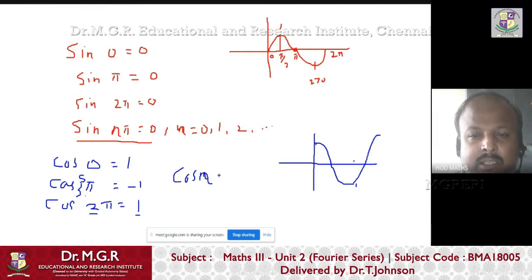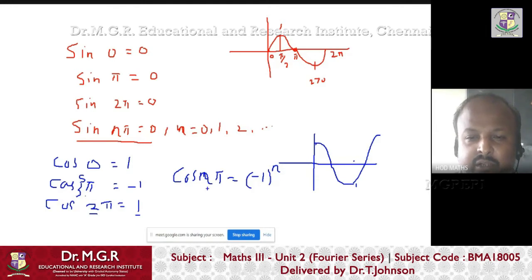Cos n pi is equal to (-1) to the power n. How? When you put n equals 1 here, (-1) to the power 1 is -1. So cos pi becomes -1.